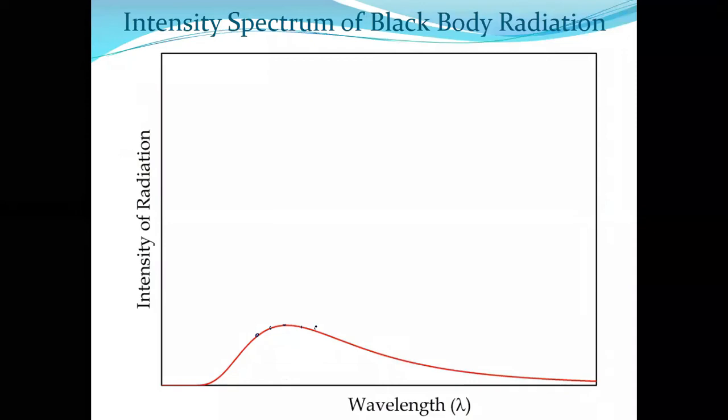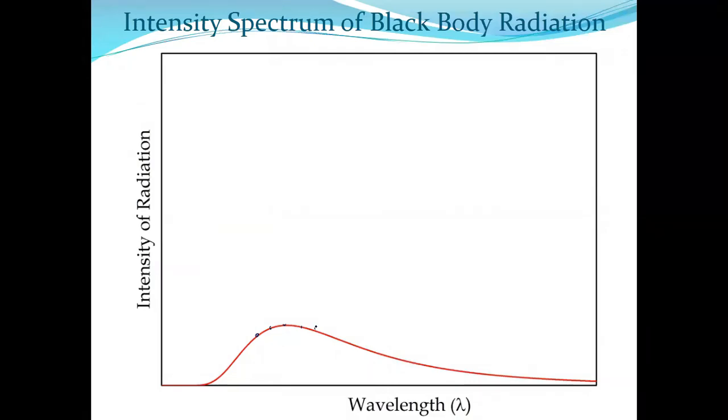So from this curve, what you are actually observing is different E lambda, intensity of radiation or emissive power. You are estimating different emissive power for different wavelength values. You have the E lambdas.